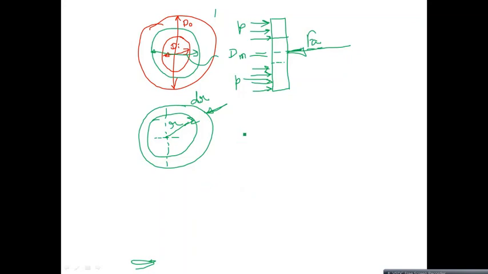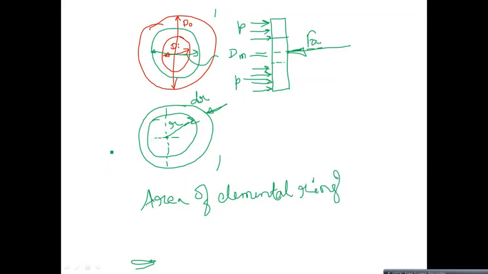Now consider an elementary ring of thickness dr at a radius r, as shown in the figure.